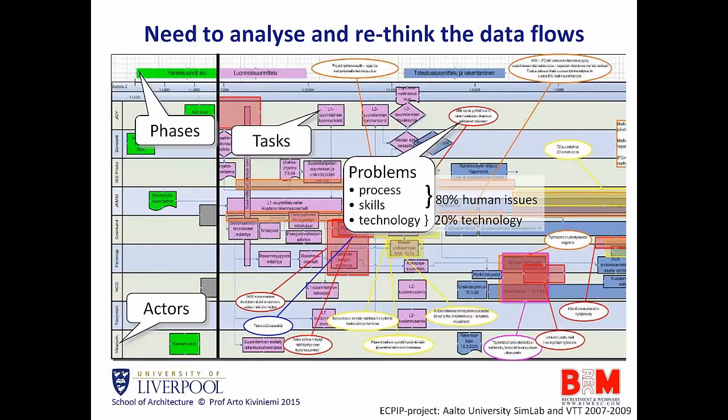And typically the problems were related to the process or the skills of the people there. And most often the information was produced too late so that it would have been serving the decision making and other design processes. So we have to re-engineer our processes, rethink the data flows.